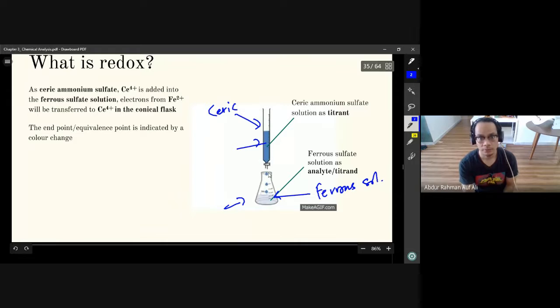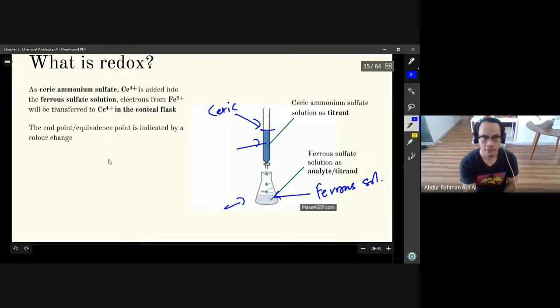If we add drop by drop of ceric sulfate into this ferrous solution, the electron from the ferrous solution will go to these droplets that we added into this conical flask. So at a certain point, we will reach the equivalence point and then we will detect the end point and we will stop titrating and we will record whatever volume we stop at.